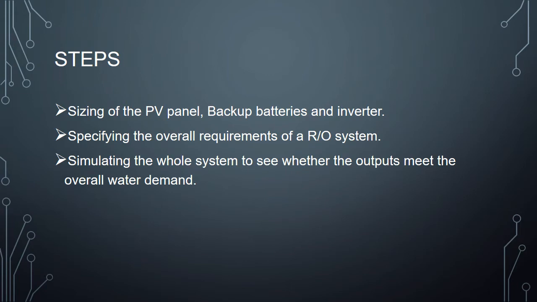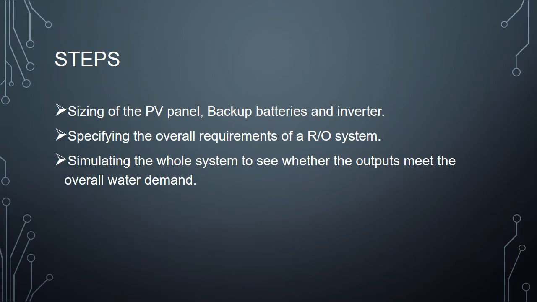The first one is sizing the PV panels, and the PV panel is connected with some batteries as backup in case the solar panel fails to operate. We're going to be using batteries for unfavorable conditions, and they're also connected with some inverters. The inverters convert the DC power to AC.